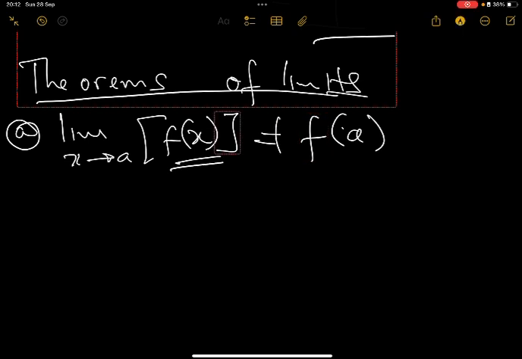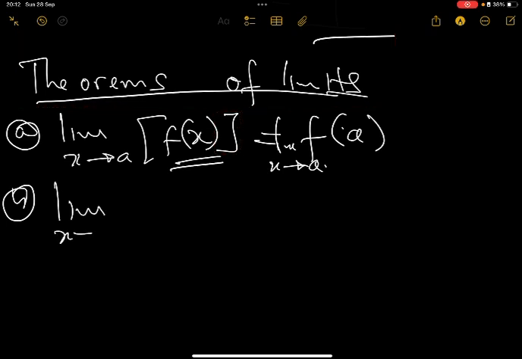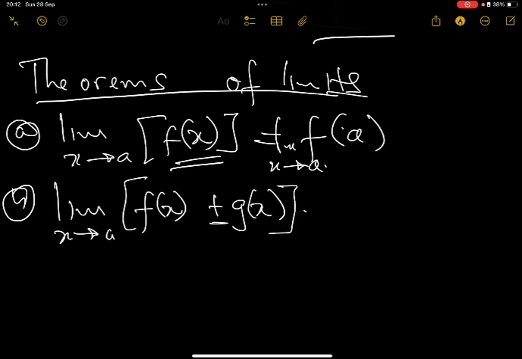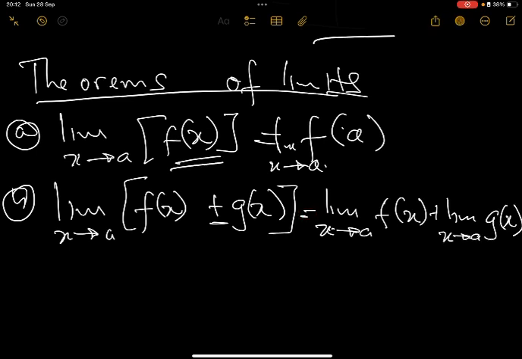Then the second theorem goes like the limit as x approaches a of f of x plus or minus g of x is the same as the limit as x approaches a of f of x plus or minus the limit as x approaches a of g of x.